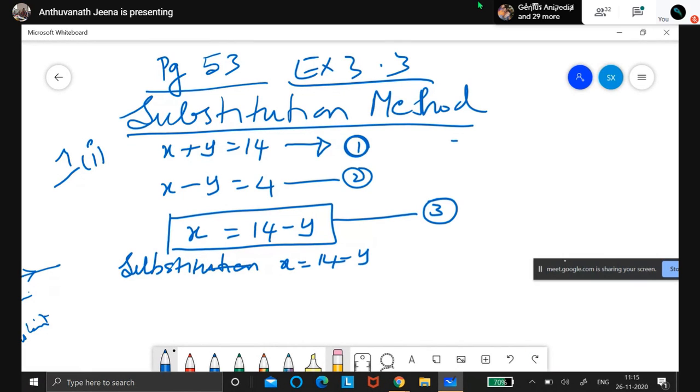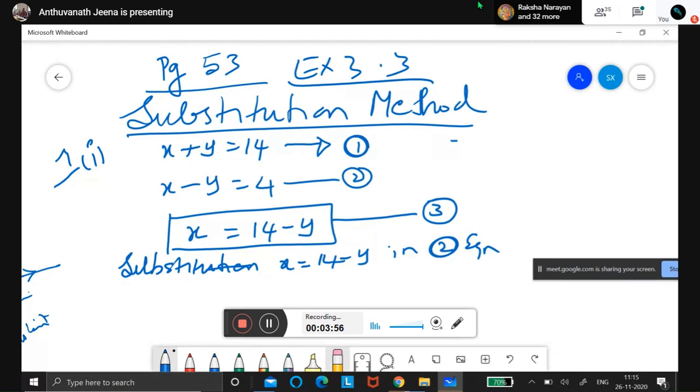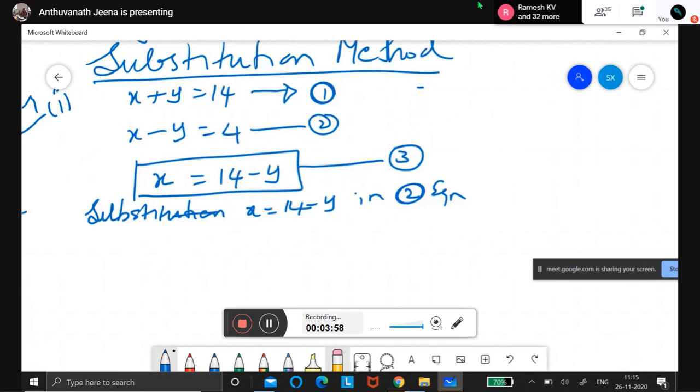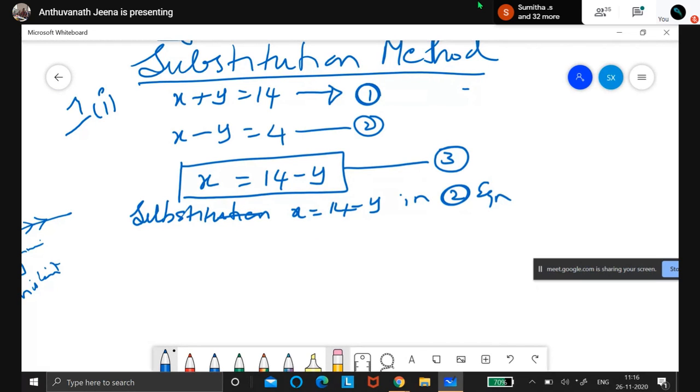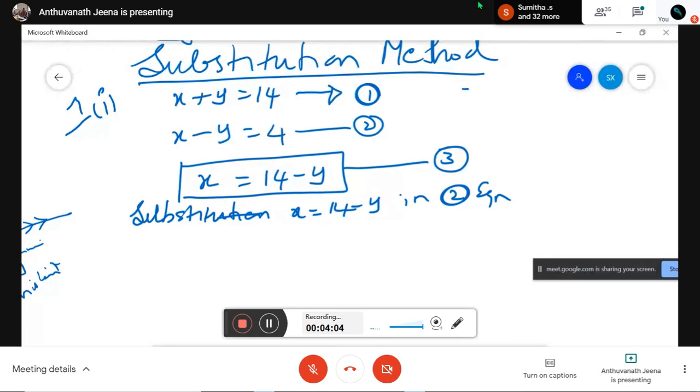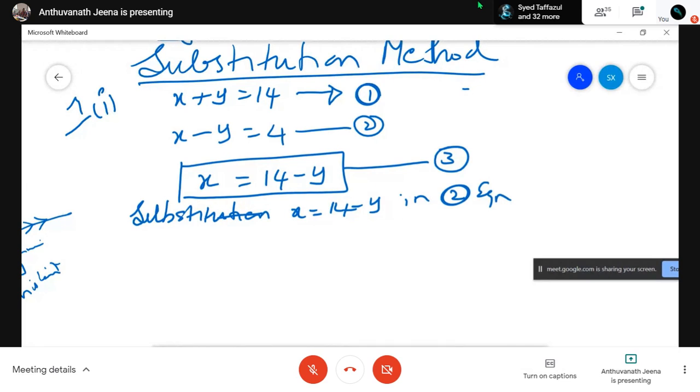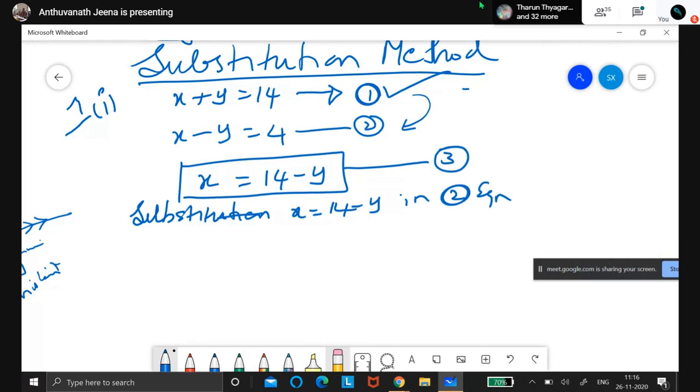See, once you change the first equation, don't substitute again in the first equation. You should substitute in the second equation. You are changing the first equation and putting it in the second equation. Always remember that. Some children go wrong in that.